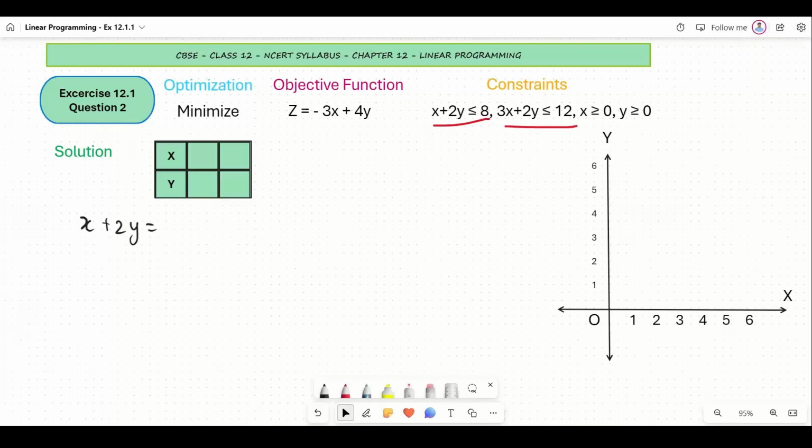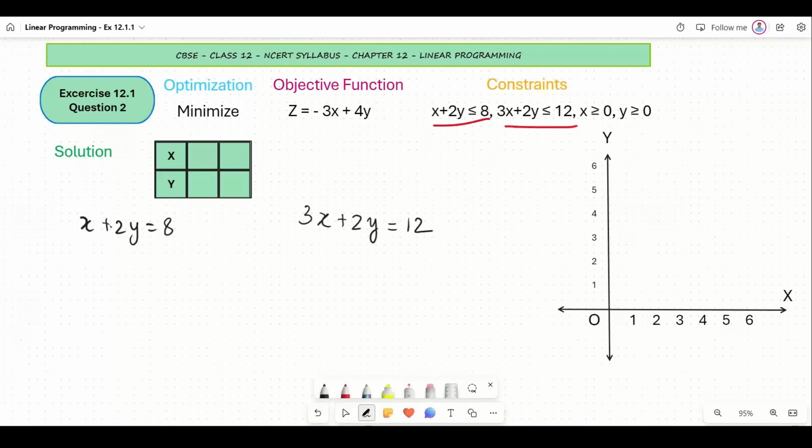So that is what we have got in the formula, right? And then there is one more formula, 3x plus 2y is equal to 12, right? Generally, when we calculate the x and y values, we need to change the less than or greater than or equal to sign into the actual equal to sign here, and then put the numbers.